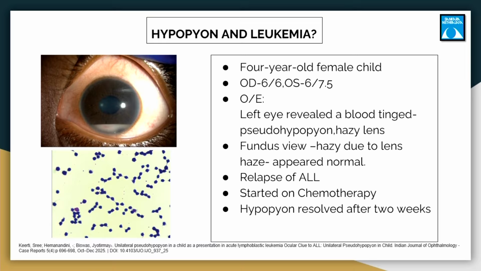The fundus view was hazy, but appeared normal. So when we did an AC tap, blast cells were seen, and she was a case of a relapse of acute lymphoblastic leukemia. So it's a known case of ALL. Yes, sir. And she was started on chemotherapy subsequently, and the hypopyon resolved after 2 weeks of chemotherapy.